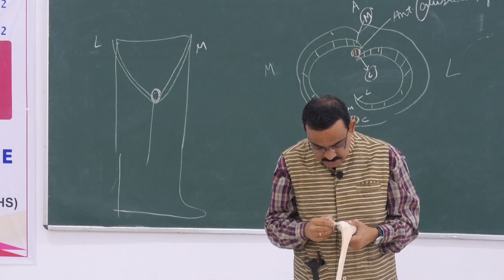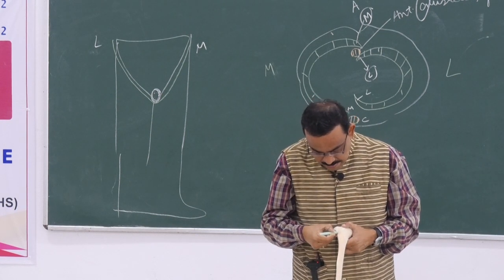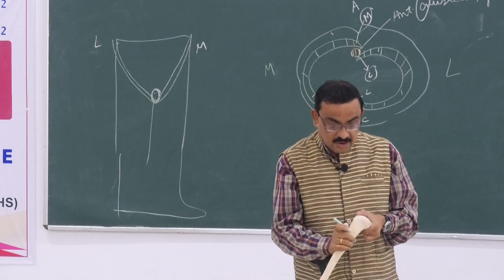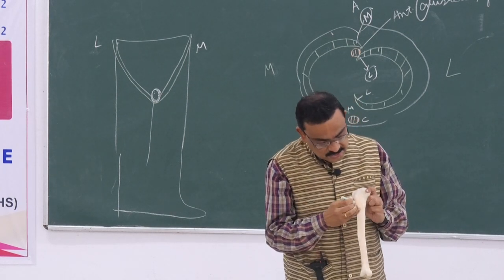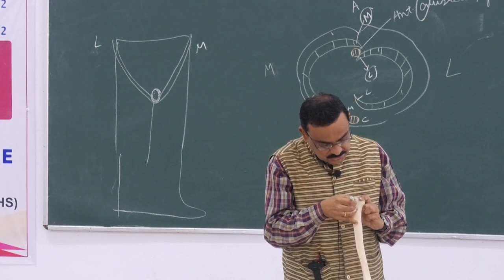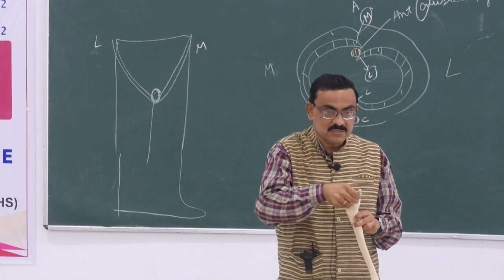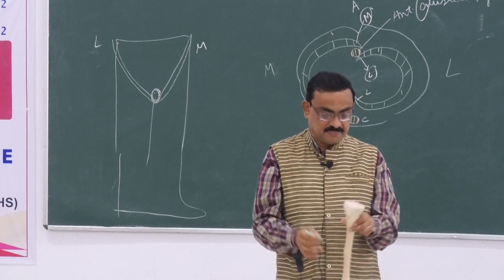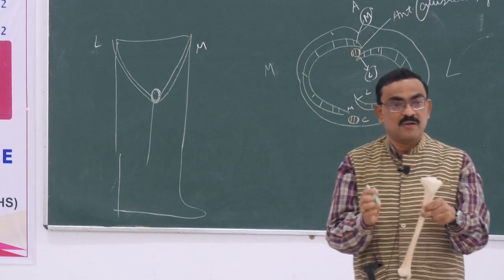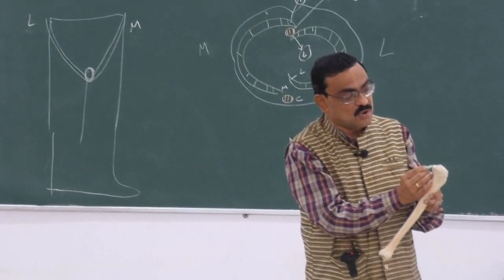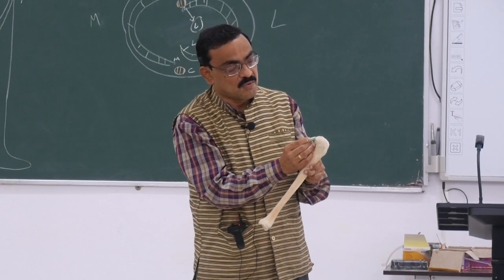Now it goes down, it covers the tibial tuberosity, and again it goes up and it goes around the margin. Okay, around the margin it will go.